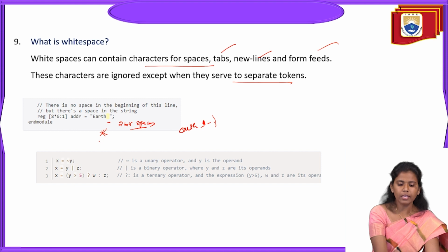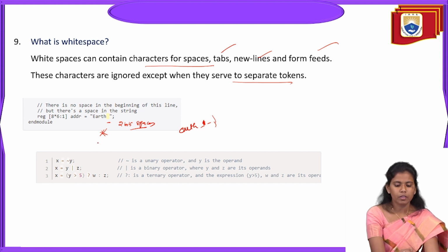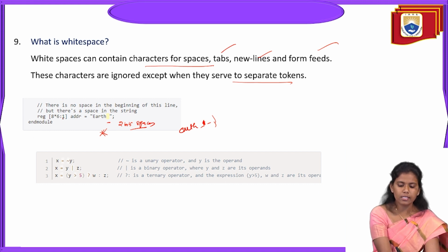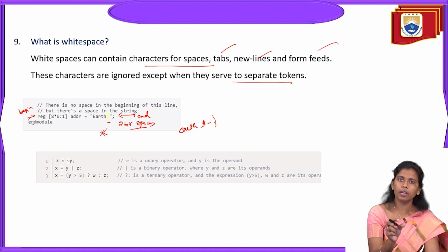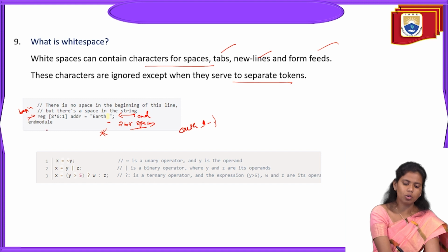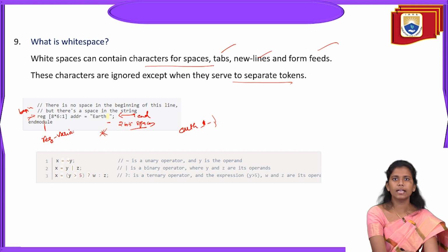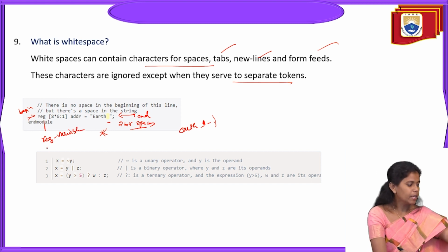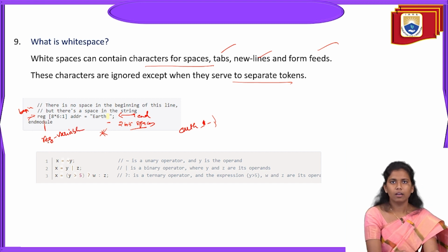Here there is no space in the beginning of this line. If you observe, there is no space at the beginning, but there is a space in the string. So this is a beginning and this is an ending, right? In the beginning, there is no space. That means the statement itself started with a keyword, a variable. Register is nothing but a variable. So here the statement started with a variable which doesn't have any space.